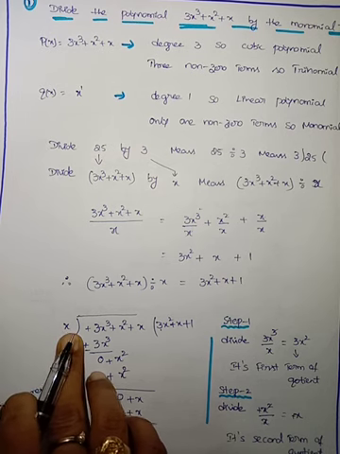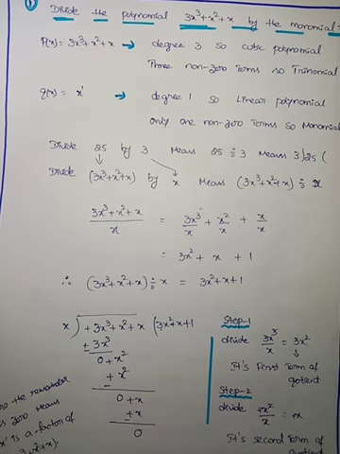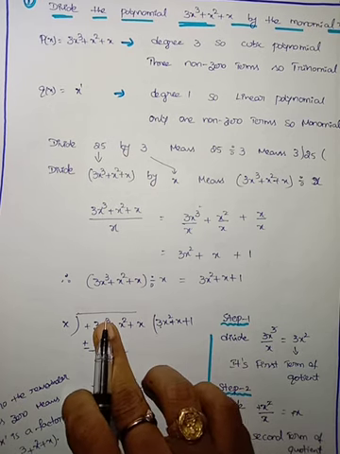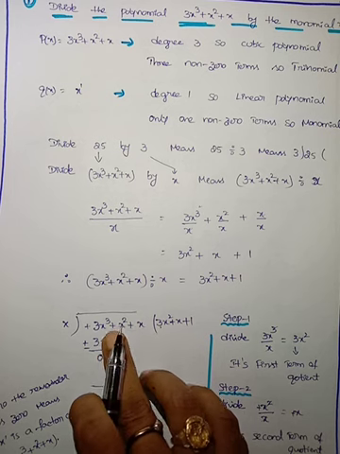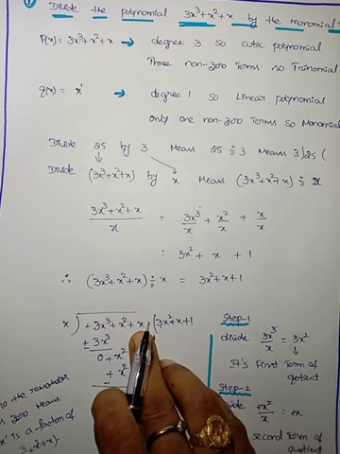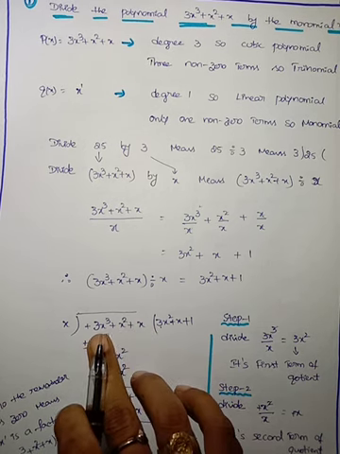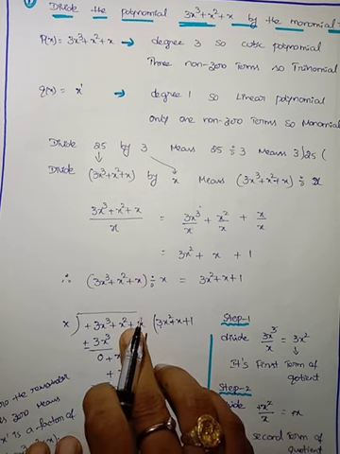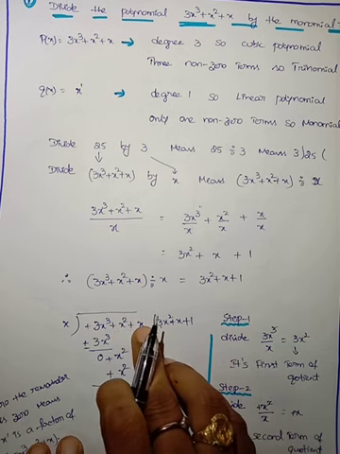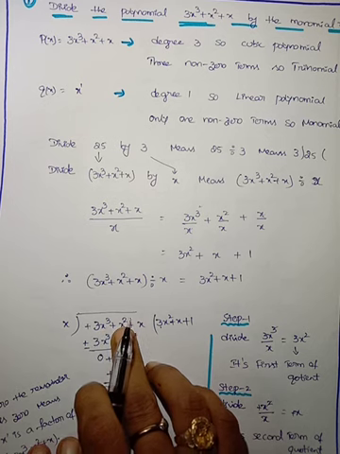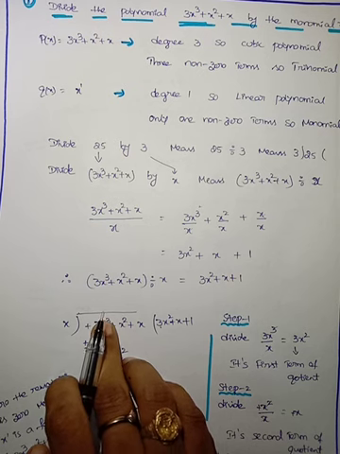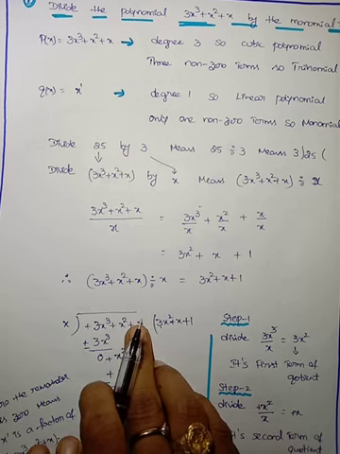After that, you have to write the polynomial terms in decreasing order of degree. Here the term 3x cube has degree 3, the next term x square has degree 2, and the last term x has degree 1.